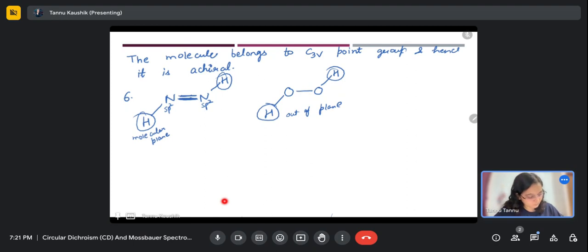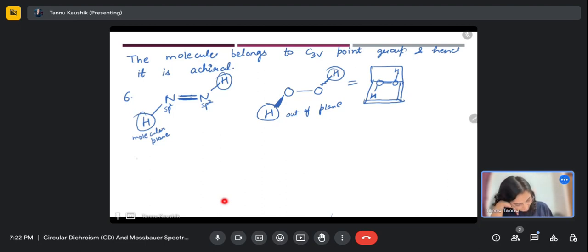Okay, so this had an open book structure. But here this is not the case, and these hydrogen atoms are lying on one single plane.